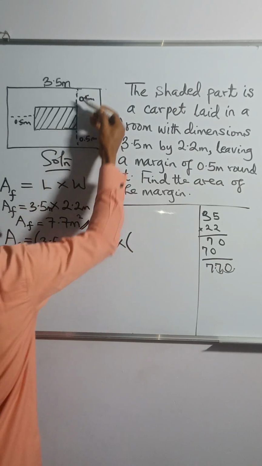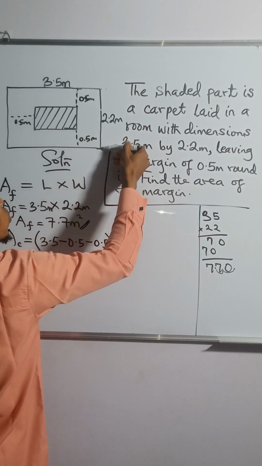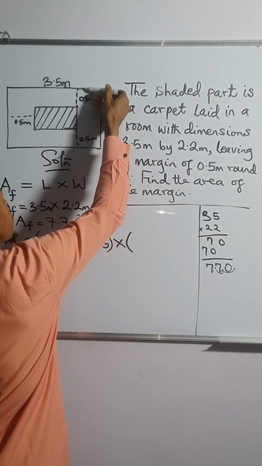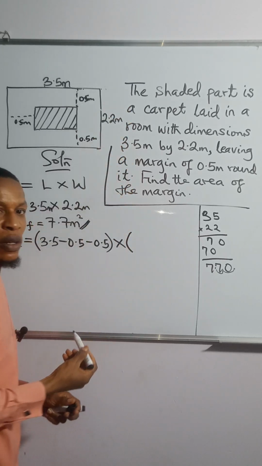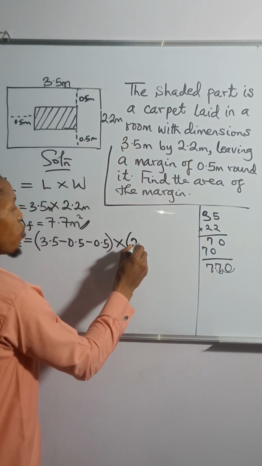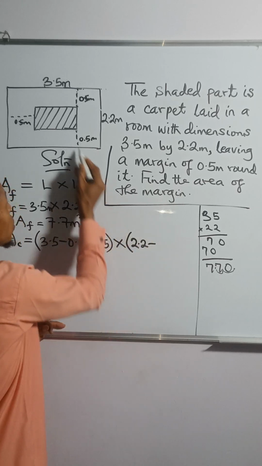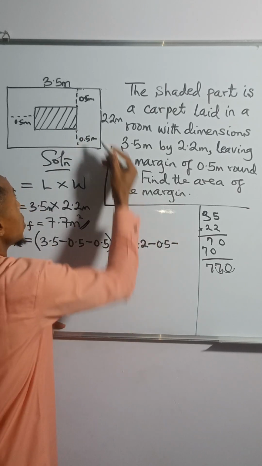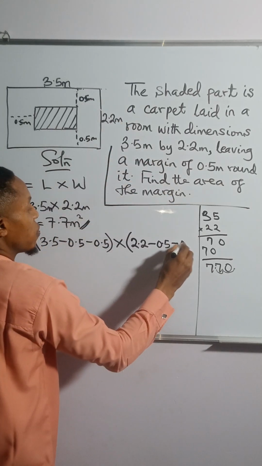What is the width? Initially the width of the floor is 2.2. But it left a margin of 0.5 here, a margin of 0.5 here. So it's going to be 2.2 minus the margin left here, which is 0.5, minus the margin left here, which is 0.5.